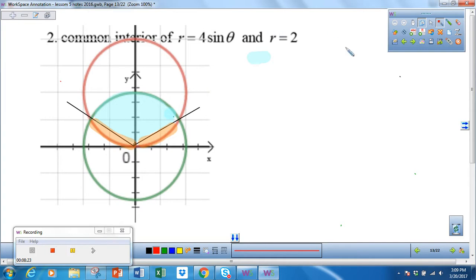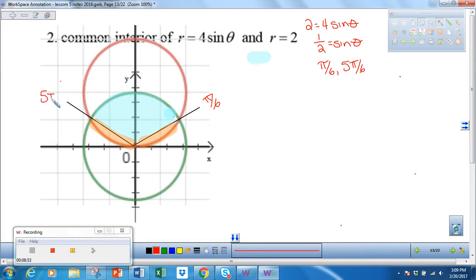So to find the points of intersection, I have to do 2 is equal to 4 sine theta, which gives me 1/2 is equal to sine theta, which gives me pi over 6 and 5 pi over 6. And that makes sense because this is pi over 6, this is 5 pi over 6. So that makes sense that I am integrating from pi over 6 to 5 pi over 6.